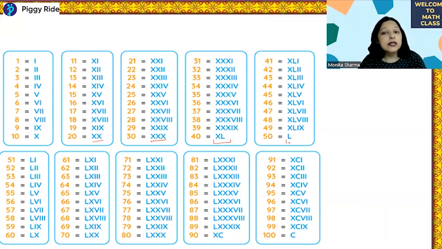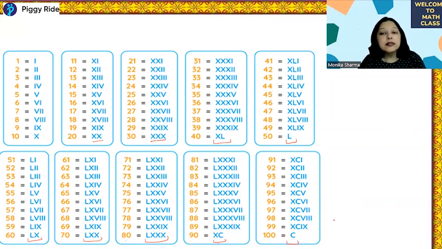For 50, it is L. For 60, it is LX, L plus X. For 70, it is L plus 2 times X. For 80, it is L plus 3 times X. For 90, it is 100 minus 10, that is XC. And for 100, it is C.